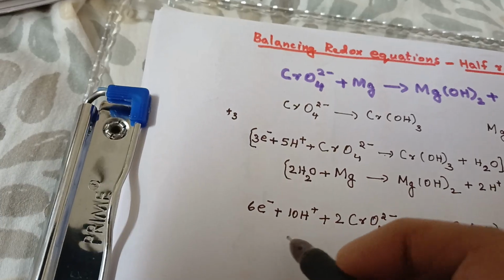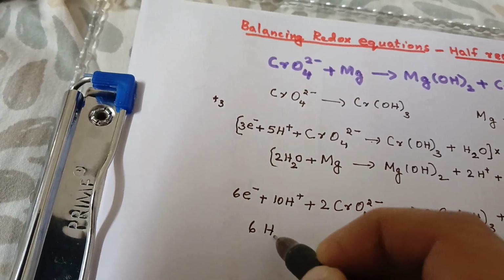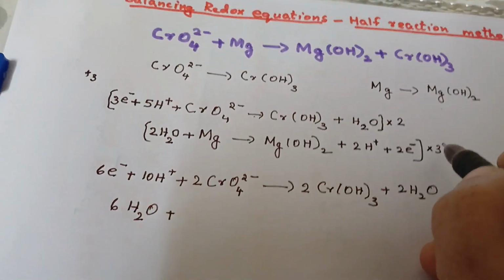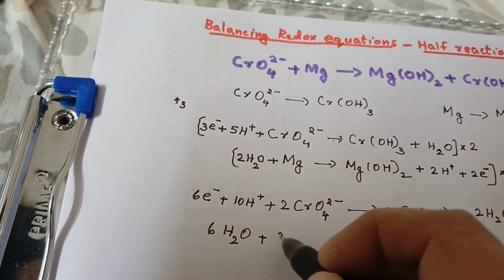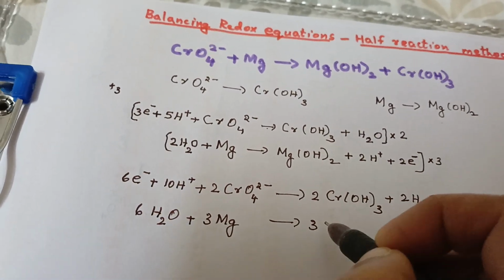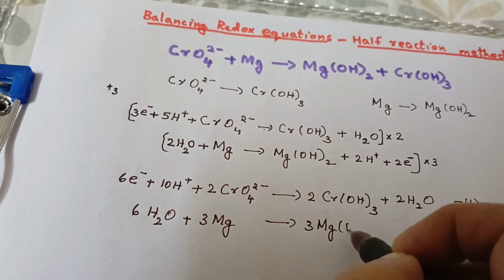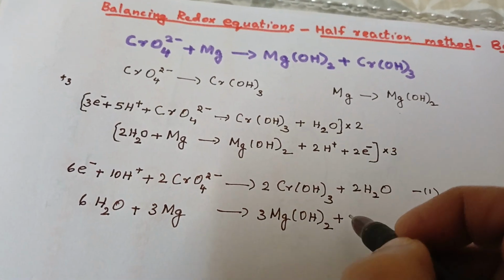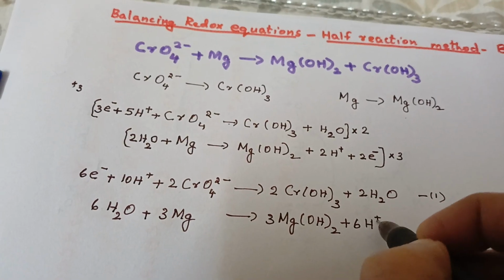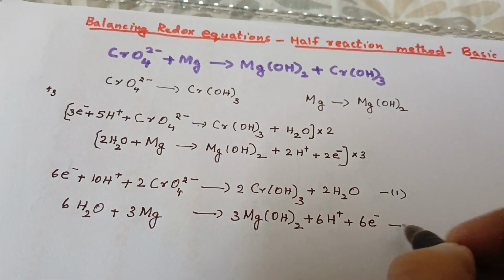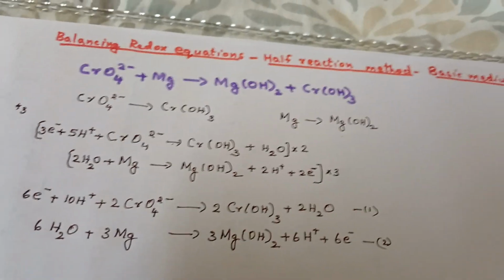The next one, 6H2O, we are multiplying it by 3. So 3 Mg, giving 3 MgOH twice plus 3 into 2, 6 H plus, 6 electrons. So this is our second equation.